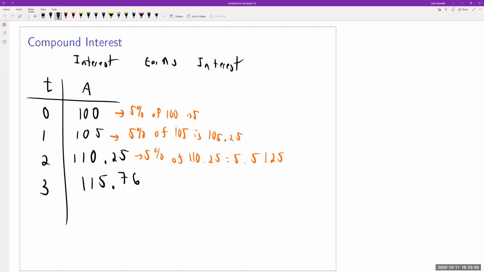So since you're multiplying repeatedly by the interest percentage, that shows up as an exponent. The formula is P times 1 plus R to the T. This is for annual compound interest.